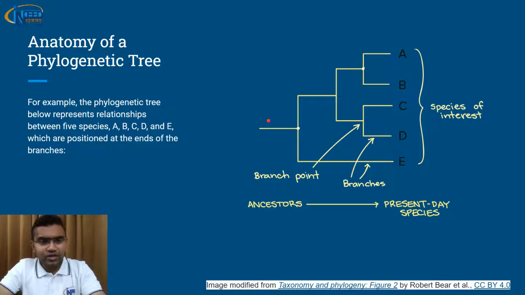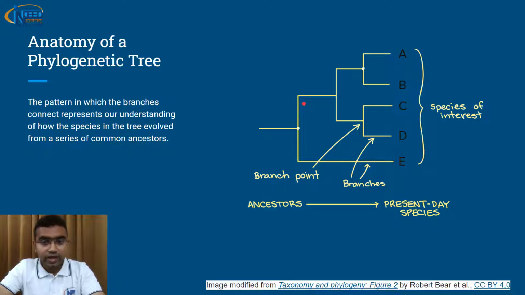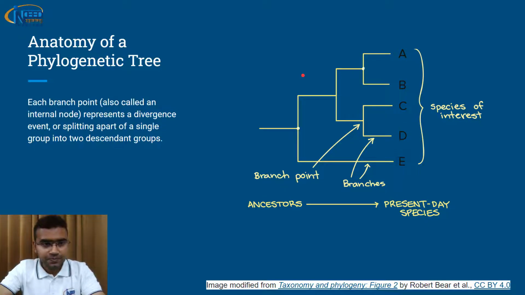For example, in a phylogenetic tree, the relationships between the five species positioned at the ends of the branches are explained. The pattern in which branches connect represents our understanding of how the tree is splitting and how the species are evolving out of common ancestors.